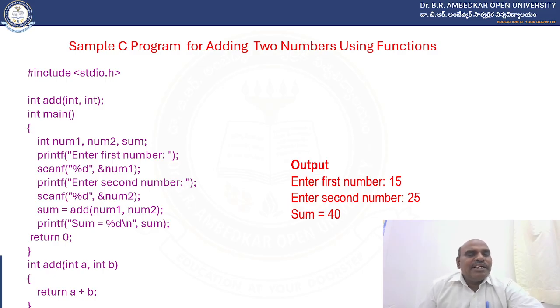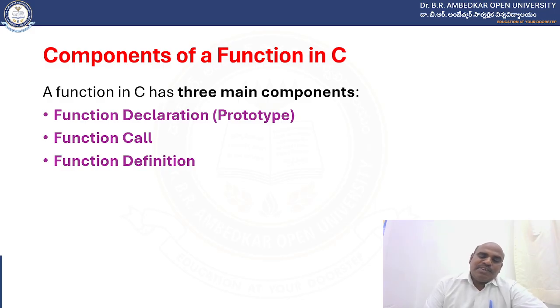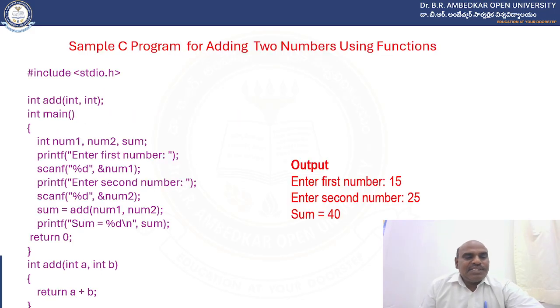So, the example program: a sample C program for adding two numbers using functions. As I said, three components are there. What is the first component? Function declaration. In the second line of your program, int add(int, int); is there.